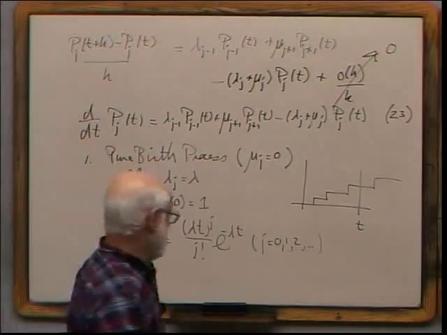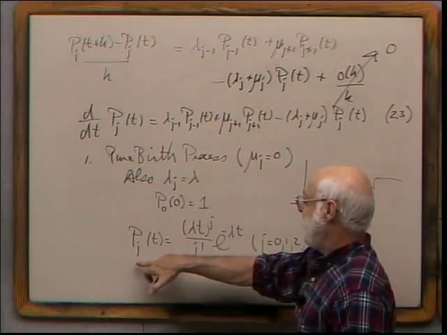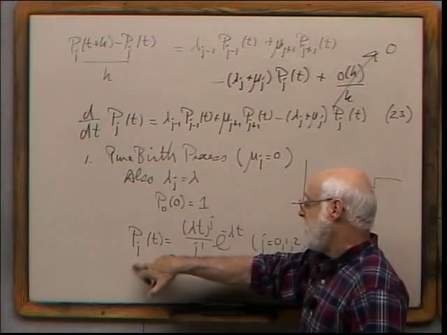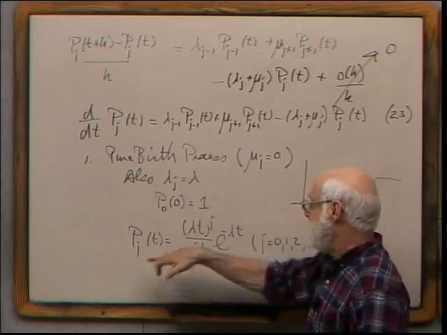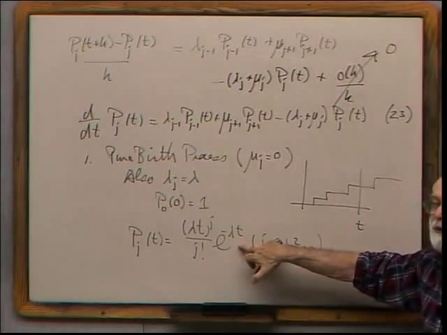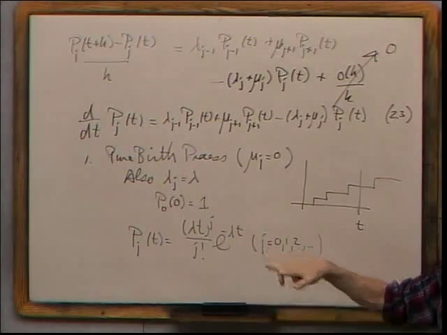By definition, if the probability of being in state j, a discrete distribution now because t is fixed, is given by something to the j over j factorial times e to the minus that something, then that is the Poisson distribution.